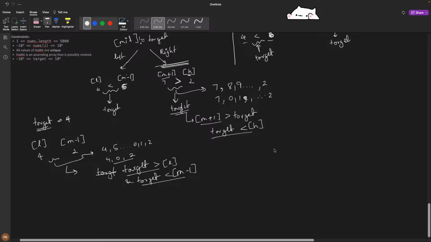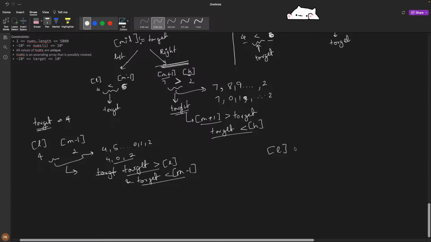So to break it down, for choosing left and right, it all depends on the relationship we have with mid's left and mid's right and the last element. So there could be multiple cases.